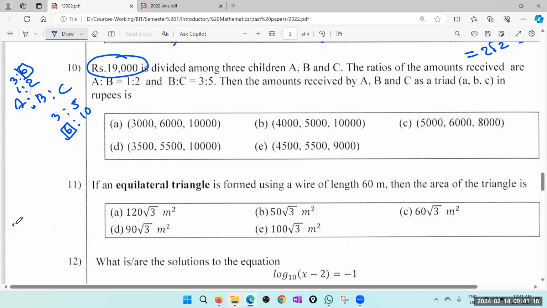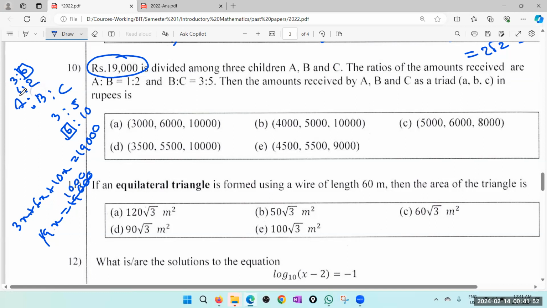So I can write 3x plus 6x plus 10x is 19,000. So that means 16 plus 3, 19x is 19,000. So that means x is 1,000. So when x is 1,000, remember we took it to a common ratio.